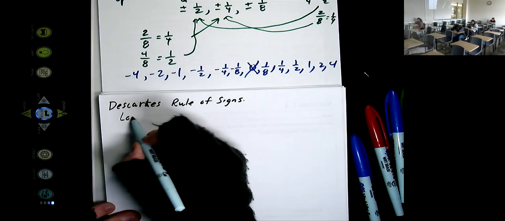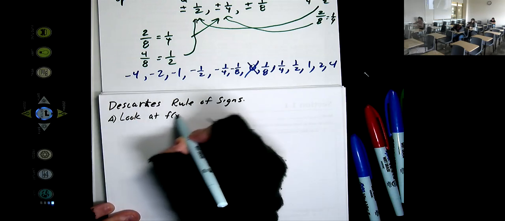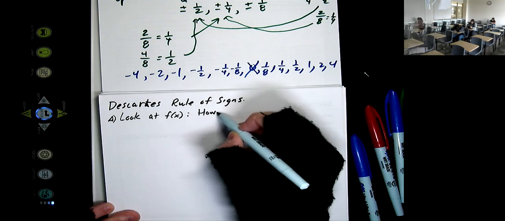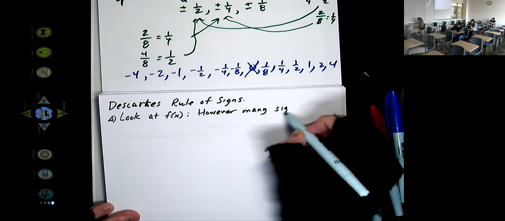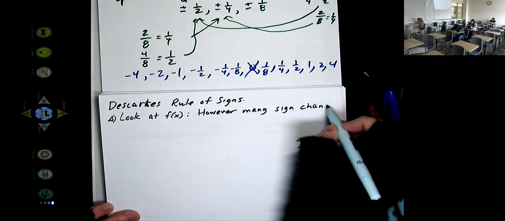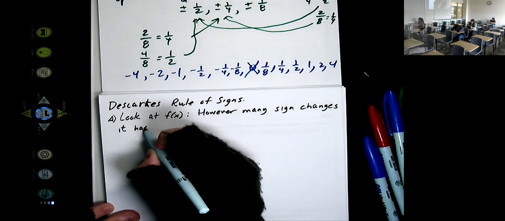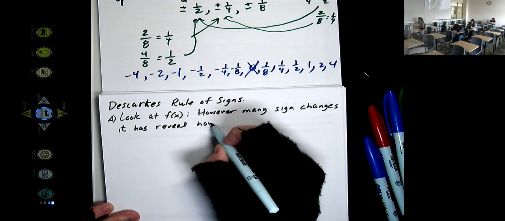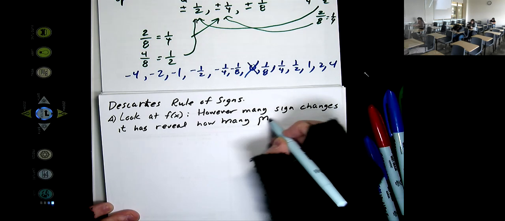Look at f of x. However many sign changes it has reveals how many positive roots it can have. Max positive roots it can have.